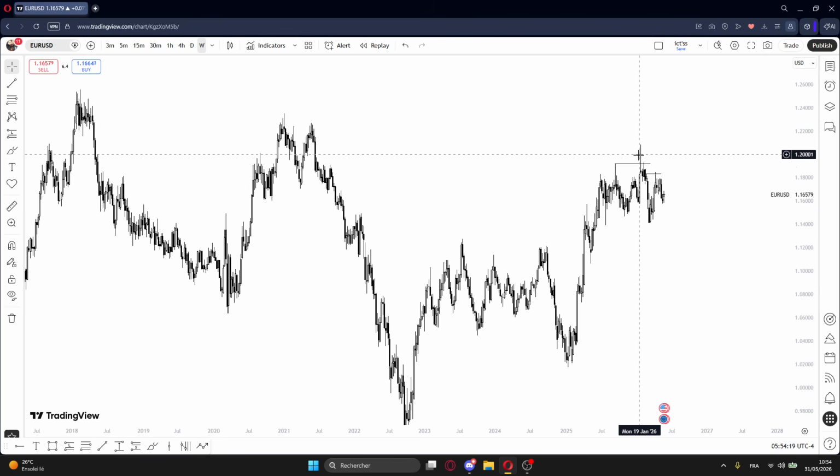I don't care about rejections. If you put a scale of importance, on the scale number one is going to be breakout, and number 10 is going to be false breakouts, or the same thing with breakdowns. It's irrelevant if we reject a high. What's relevant is if we break a low. It's irrelevant if we reject a low. What's relevant is to break a high.